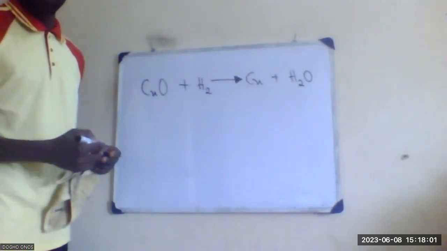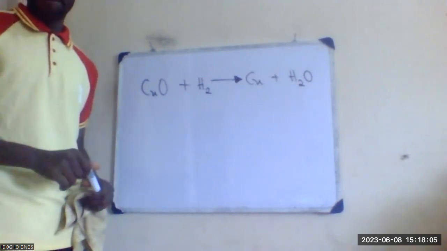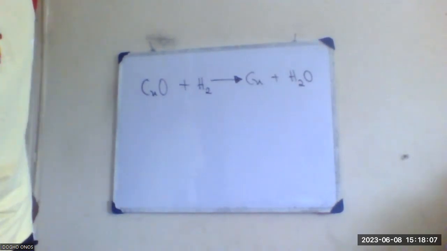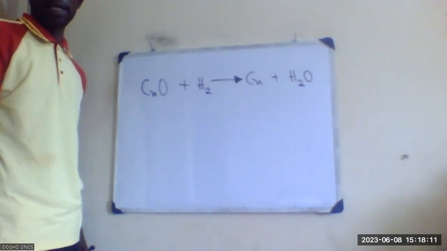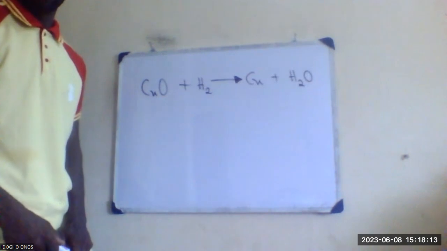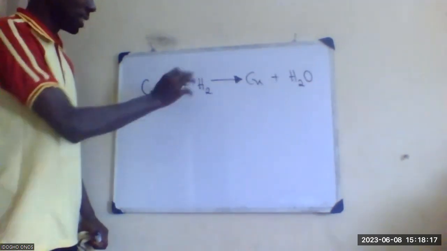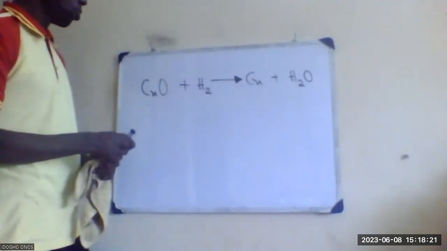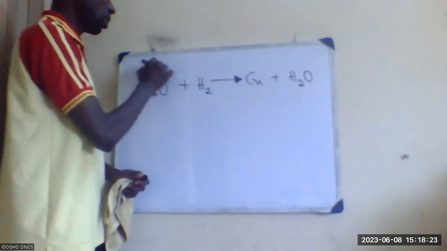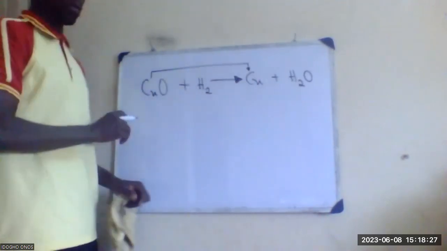Now you see the equation, please. Can the equation be seen clearly? Yes, it can. Okay. So this is copper(II) oxide, this is hydrogen gas, copper, and then water. So if we go from this side to this side, what has happened?